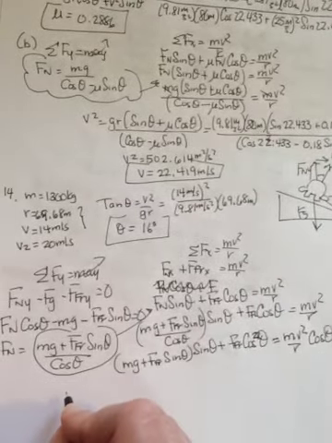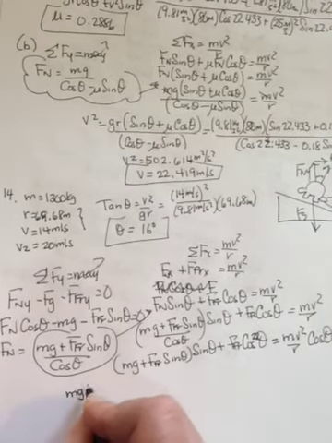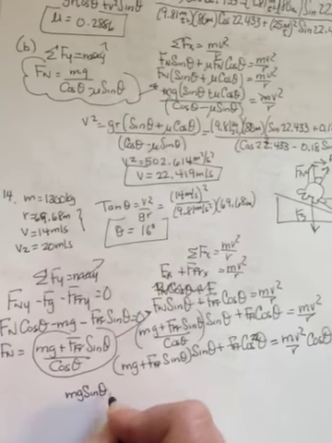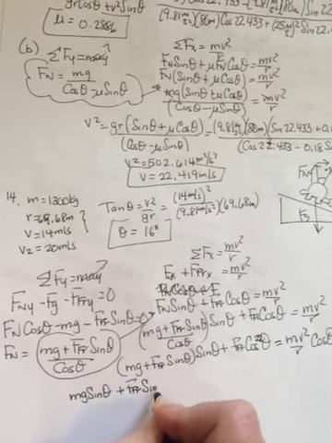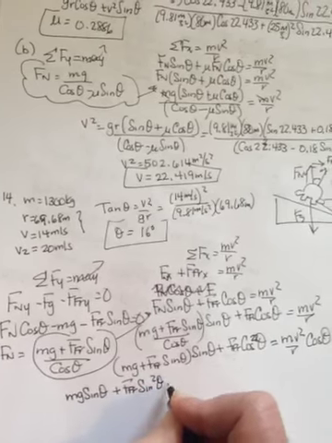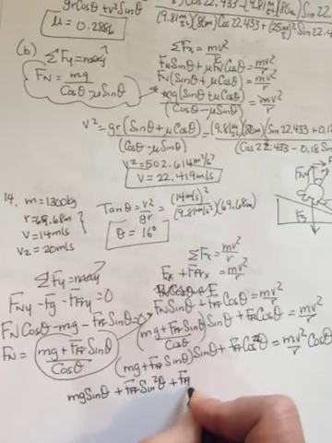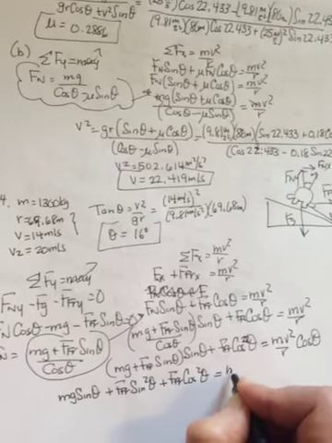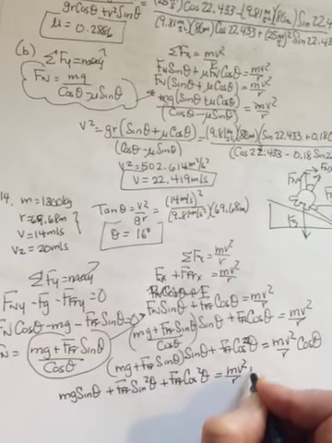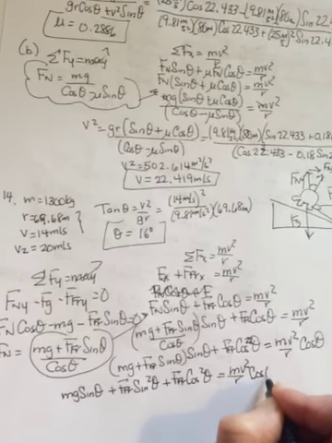Now multiply through by your bracket, so it'll be mg sine theta plus friction sine squared theta plus friction cos squared theta is equal to mv squared over r times cos theta.